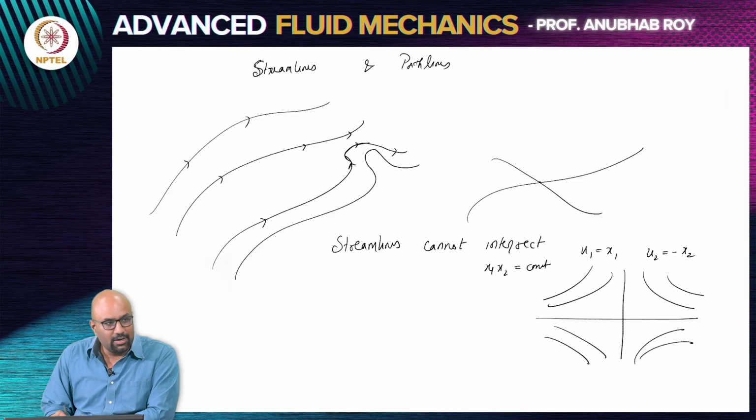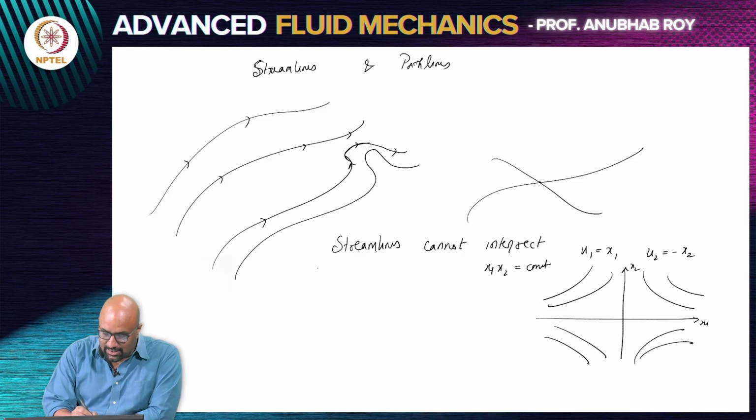And if you remember from that lecture, if that constant were to take a value of 0, then the x1 axis and the x2 axis are also streamlines, and they do intersect. That's not a surprise because the two axes would intersect at the origin.